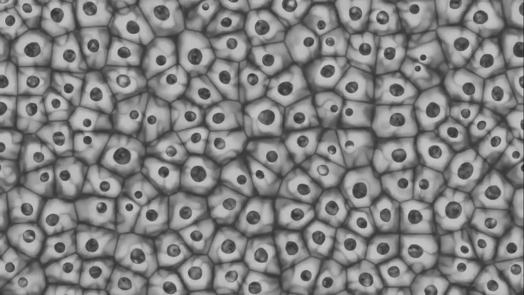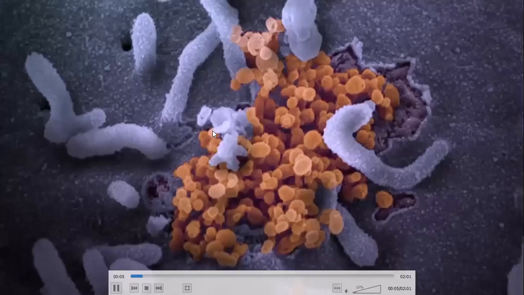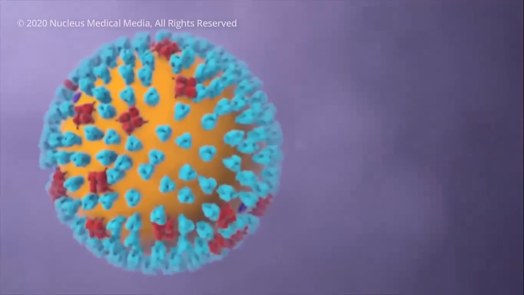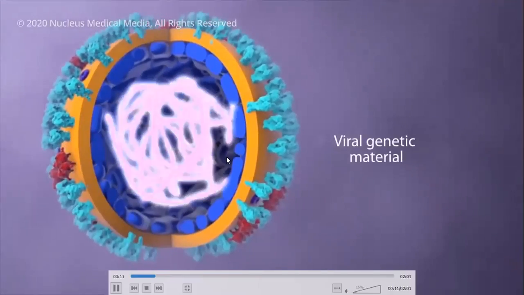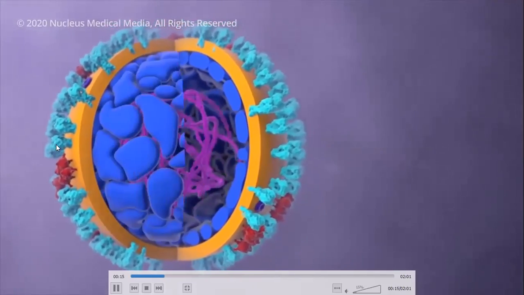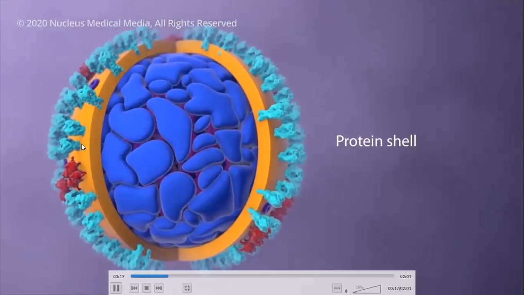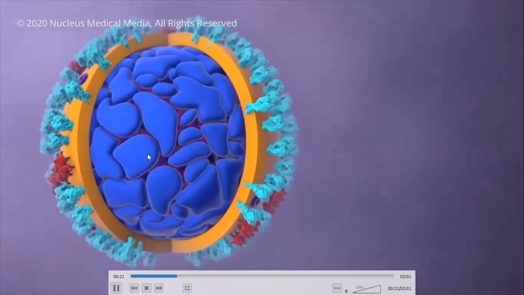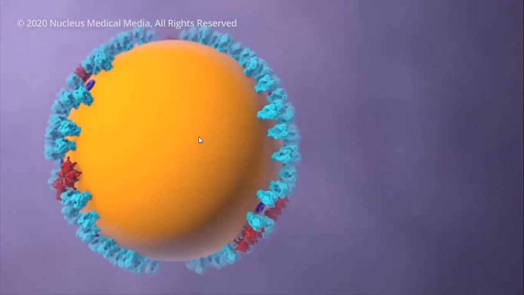Okay, these are the cells waiting for the corona. These are the coronaviruses, and these are the spike proteins here. So the virus genetic material is present. This is the capsid, and these are the proteins that are present outside. This is the envelope, and then we have the capsid, and inside this capsid there is nucleic acid.